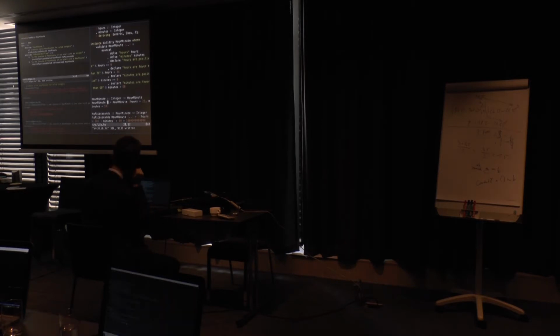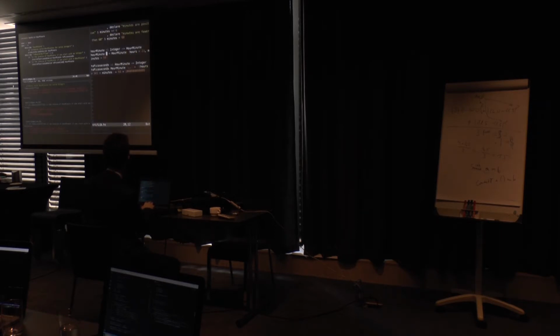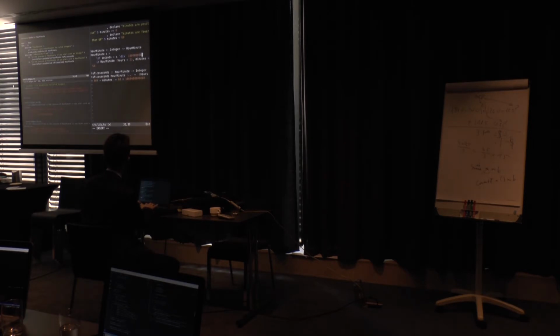So how do we turn picoseconds into hour minutes? This bottom implementation should give you a hint. We can say the number of seconds is x div 10^12. And then the number of minutes is seconds div 60.